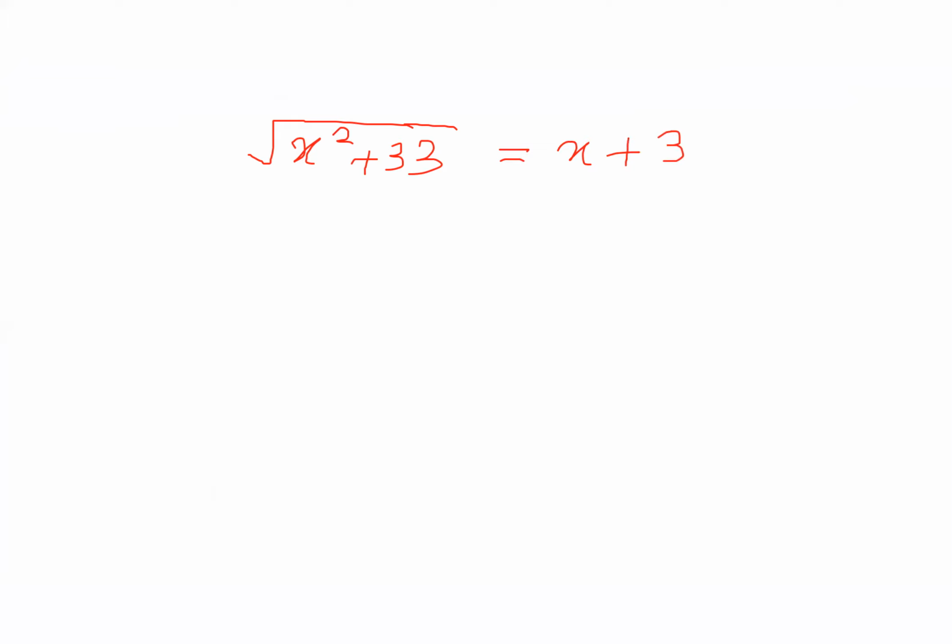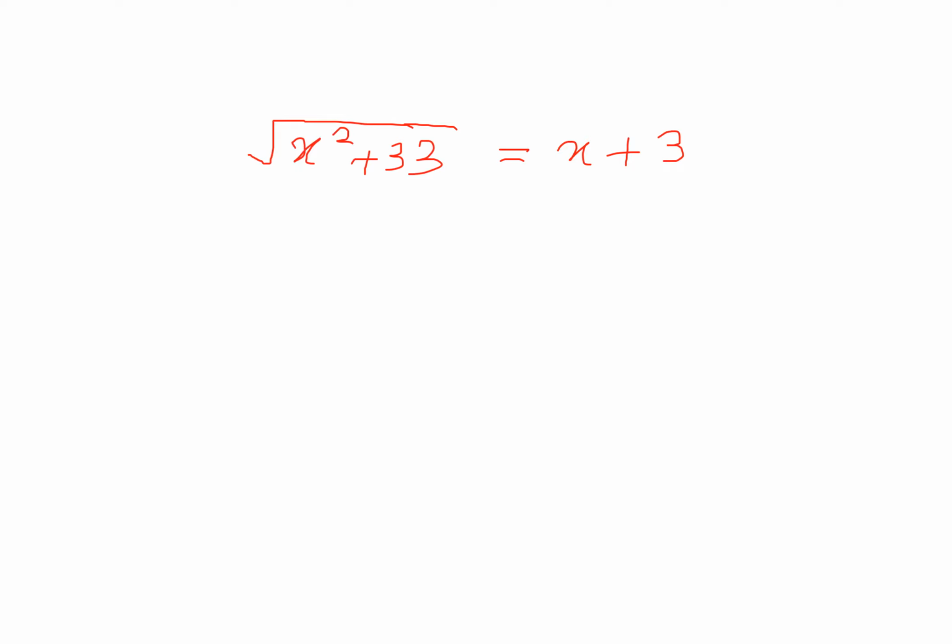When simplifying this type of expression, we can say equation because there is an equal sign and there are terms on both sides. On the left side, you can see the square root sign over the whole expression.